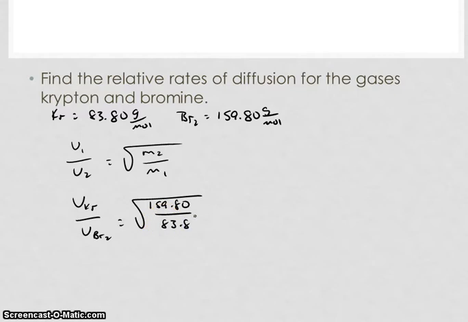So we'll take 159.8 divided by 83.8, take the square root of that, and what we're going to find is a 1.38 to 1 ratio of rates for krypton to bromine. That means that krypton diffuses 1.38 times faster than bromine does.